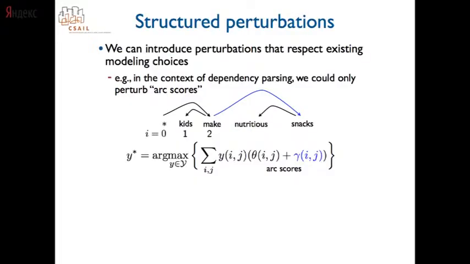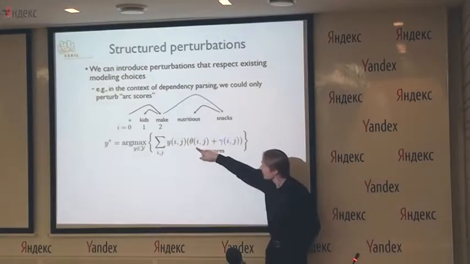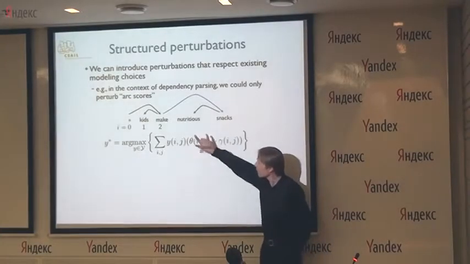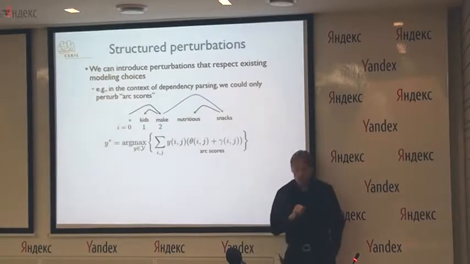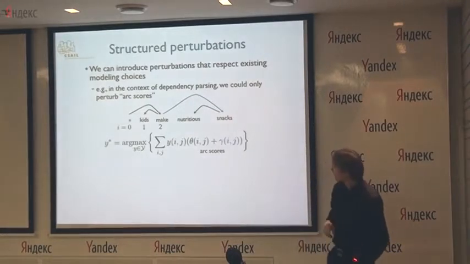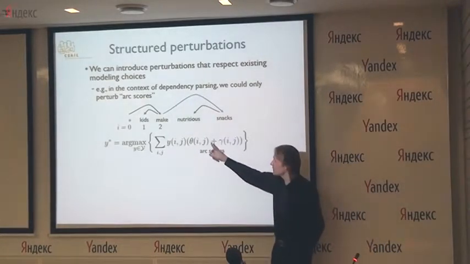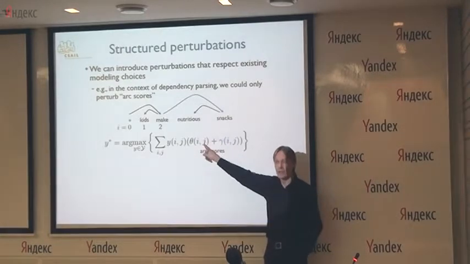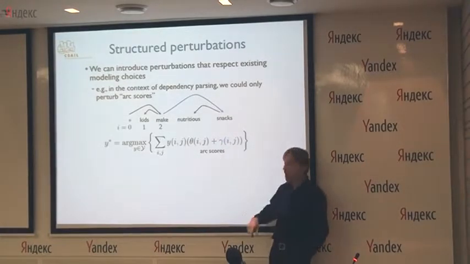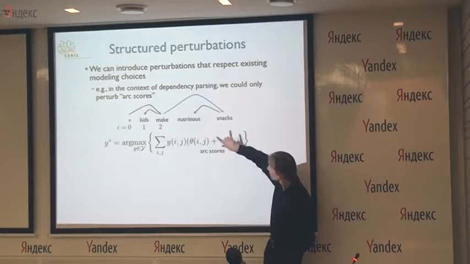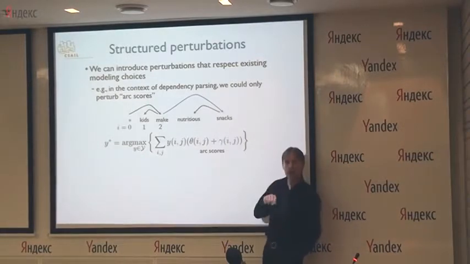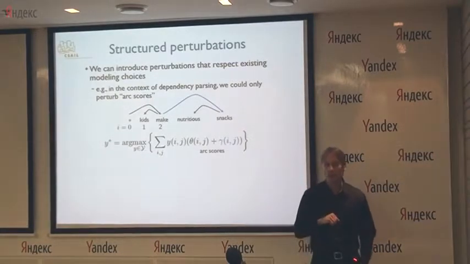So here's the parse tree again. Suppose we have a simple arc factored model, so the scores given the sentence are just for each arc individually. So when we introduce a perturbation, we simply modify these scores. All right? So I'm introducing a perturbation for each arc score in the parse.